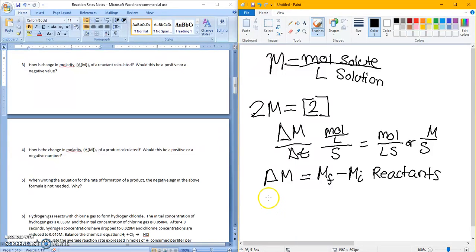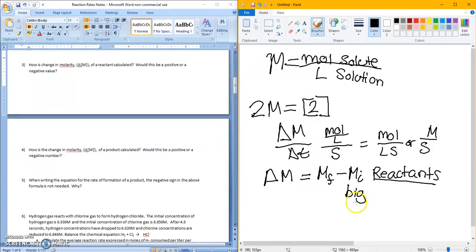Alright, the second part of this equation is, would this be a positive or negative value? So if you're thinking about your reaction, and you have your final concentration and your initial concentration, what happens to your reactants as a reaction occurs? Well, you start off with lots of it, right? So your initial amount is a very big number.